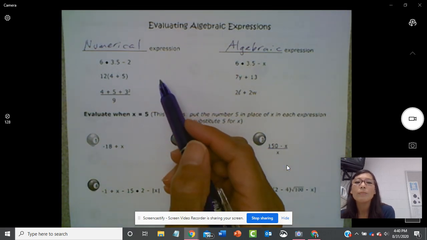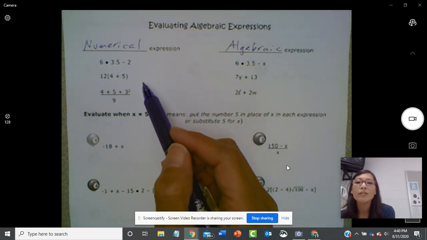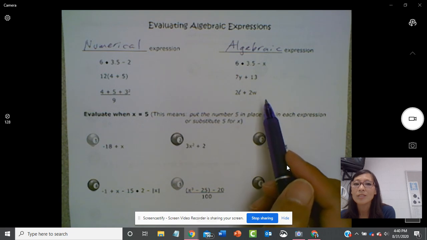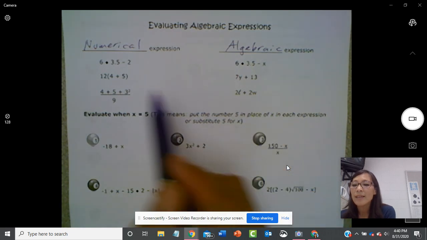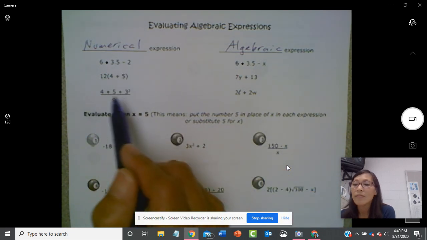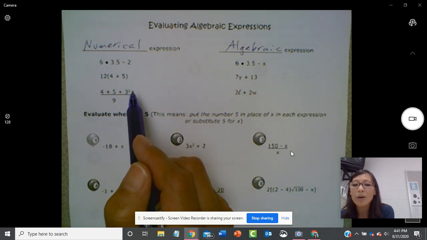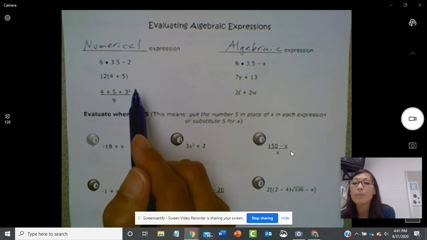The difference between numerical and algebraic expressions is that when we have numbers, we can calculate what they are. All we have to do is follow order of operations.